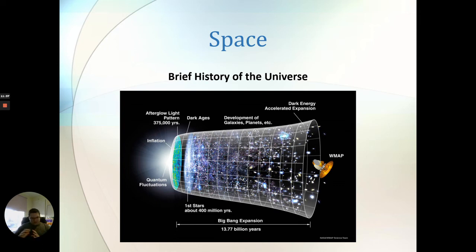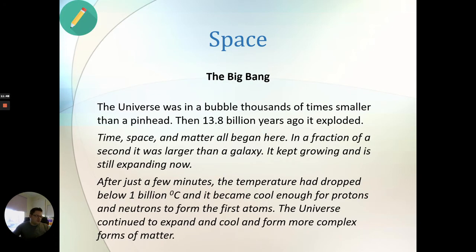And this has slowly been happening over the last 13.8 billion years. So this is our whole description of it. Basically, 13.8 billion years ago, it expanded out, and everything to do with our physics began back there. We've no idea what happened before then.